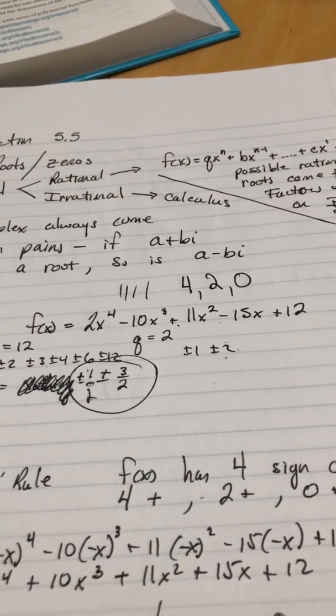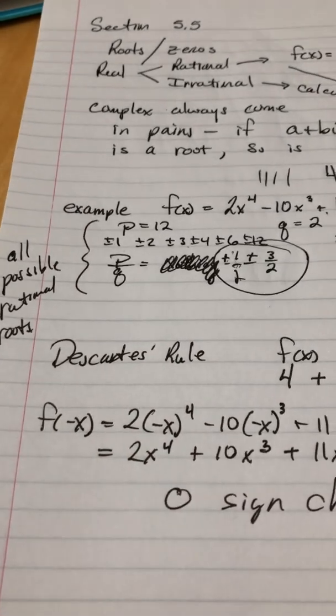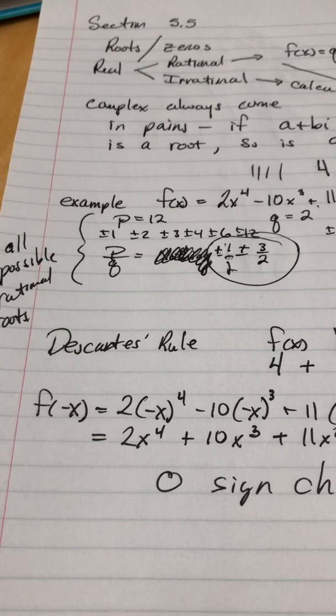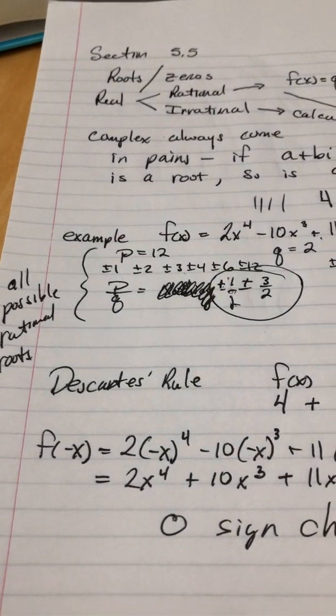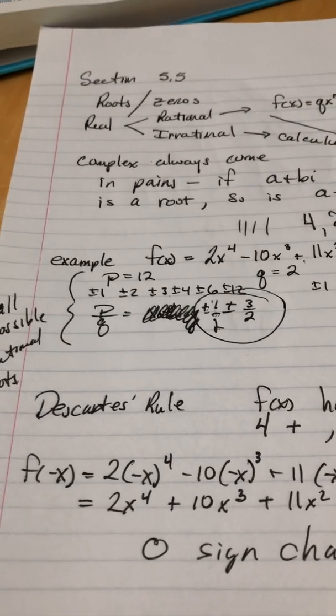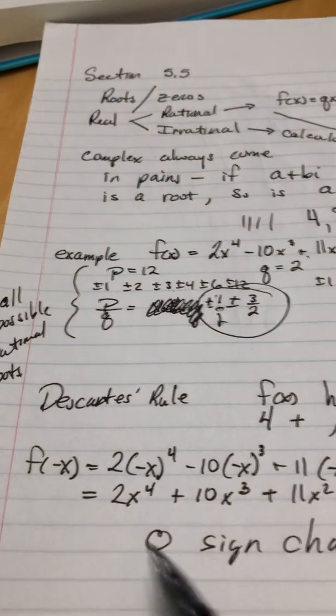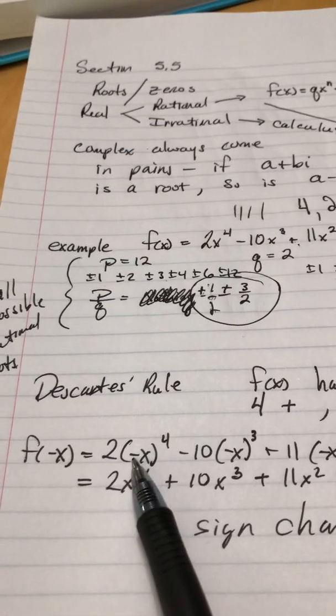Then you also check f of negative x to determine if there are negative roots. You take negative x and put it in place of the x.